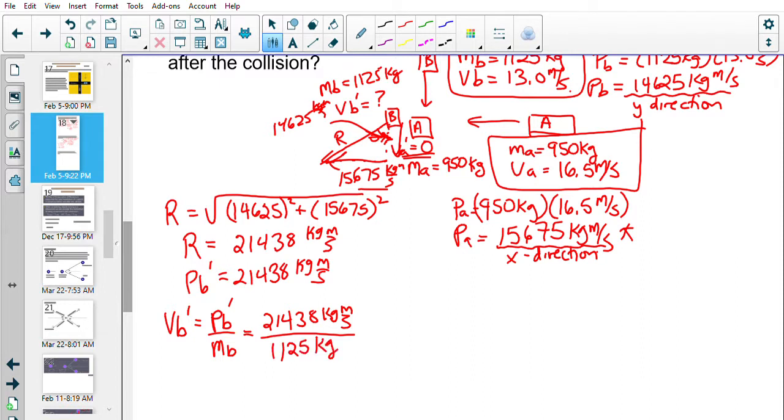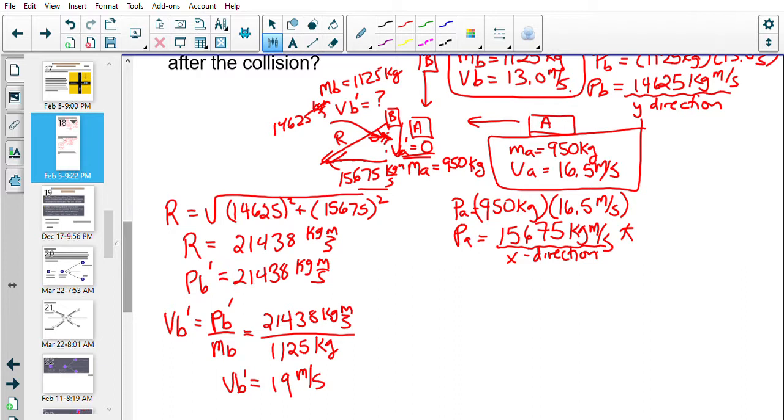And when we divide that, you get about 19 meters per second. So pretty fast moving after the collision. Looks like they're going about 68 kilometers per hour or so. Really quite fast after the collision.